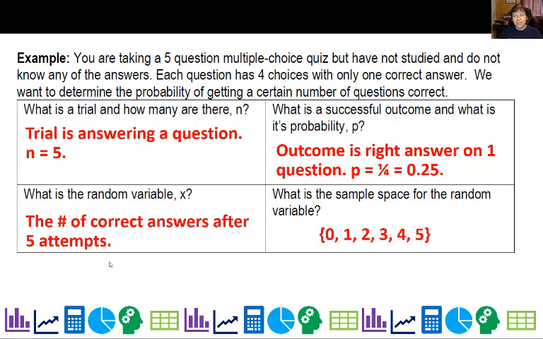Well, you could get 0, 1, 2, 3, 4, or 5 answers correct on this quiz. All right? So anytime you're doing a binomial distribution problem, you want to identify N, you want to identify P, you want to identify X, and it sure helps to write the sample space for X.